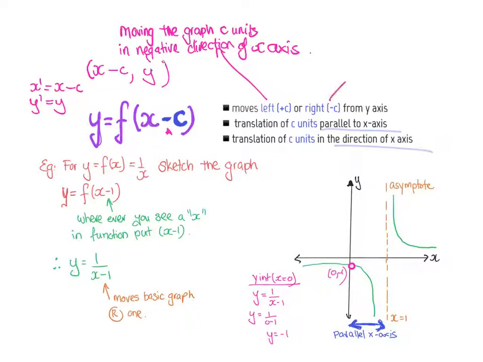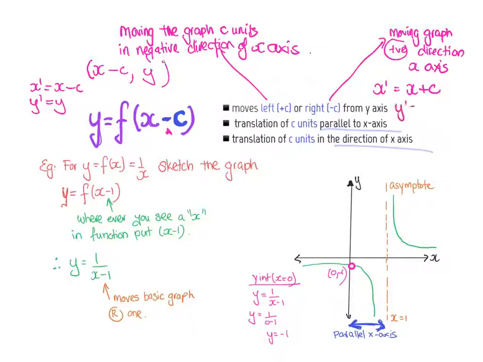Now, if you have negative c, it's moving the graph to the right, in the positive direction of the x-axis. So the image x will be x plus the c, and the y will still be the same, because we're only affecting left and right here.